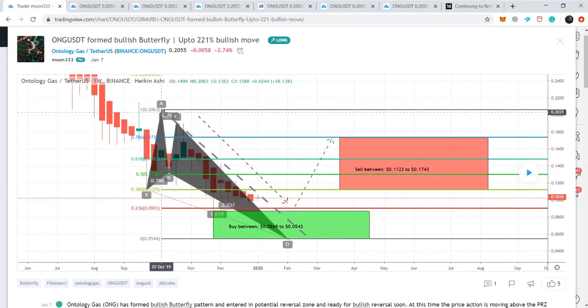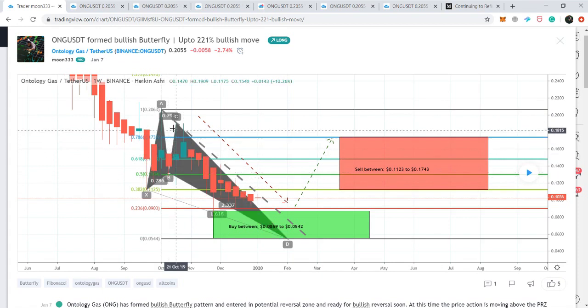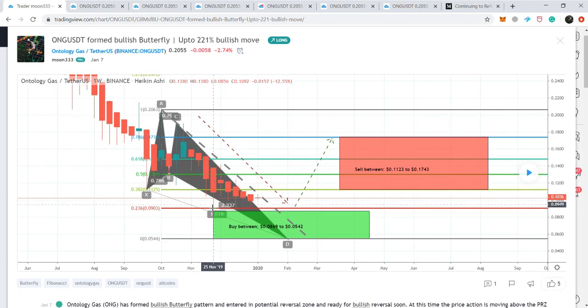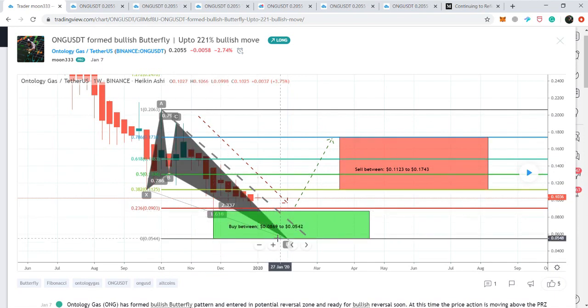This was the initial leg, and the A to B leg was retraced between the 0.618 and 0.786 Fibonacci retracement level. So this was the first confirmation. Then it is projected between 0.382 and 0.886 Fibonacci projection of the A to D leg. And finally, the price action spiked at this candle between 1.27 and 1.618 Fibonacci retracement level.